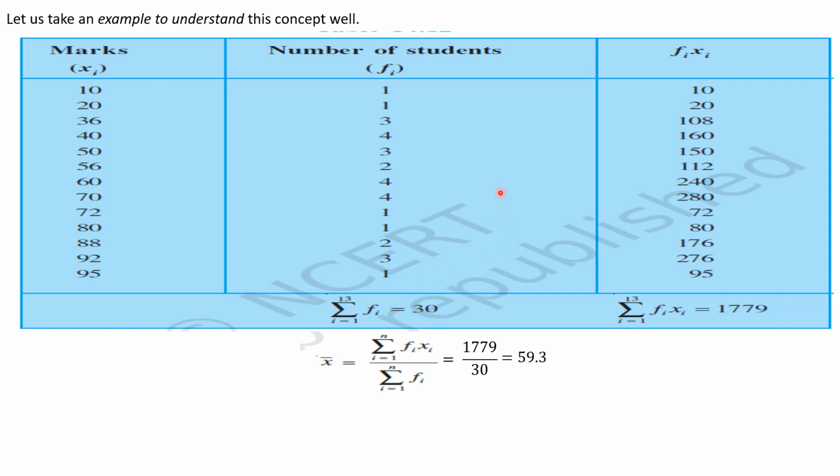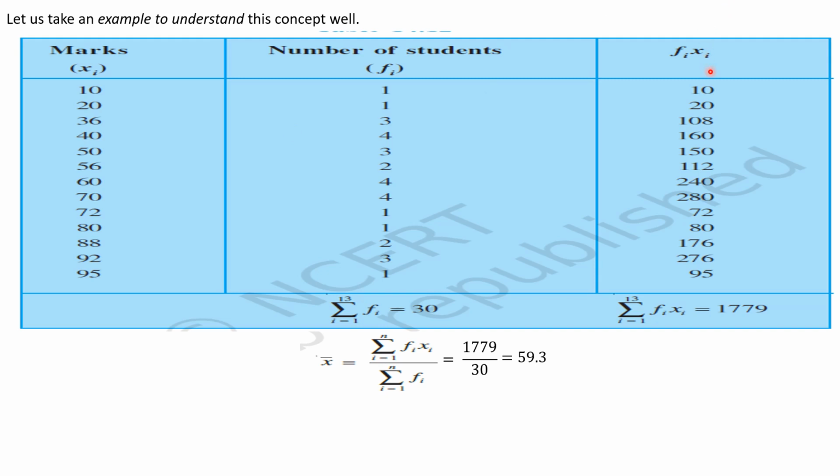Right. After finding the sum of the frequencies, we have to prepare a new column, that is fi into xi. Since the given data is an ungrouped frequency distribution, to find the mean we have to prepare this column.